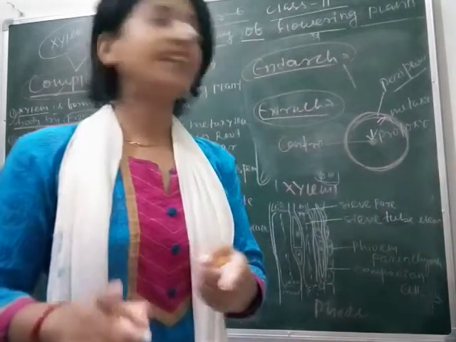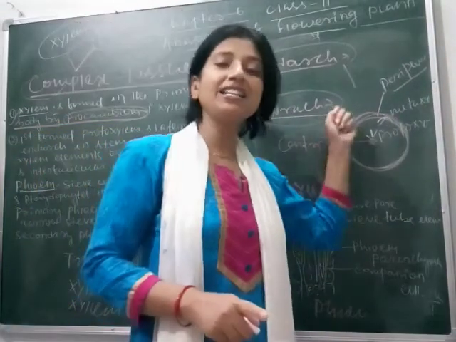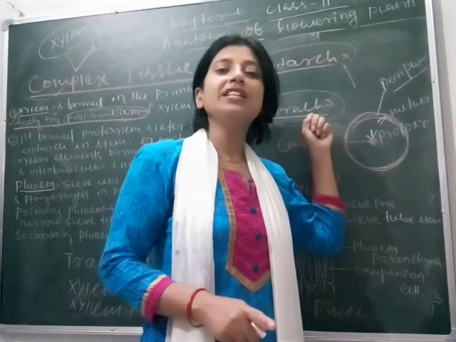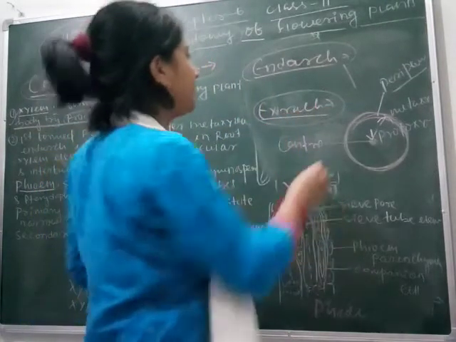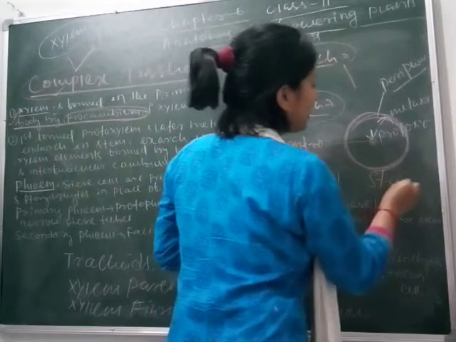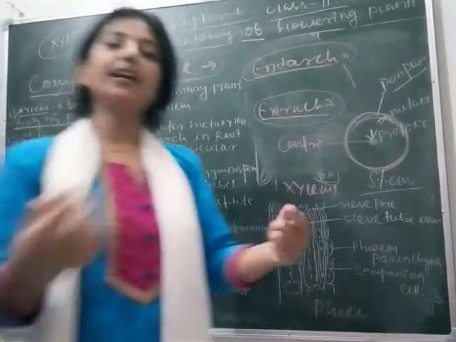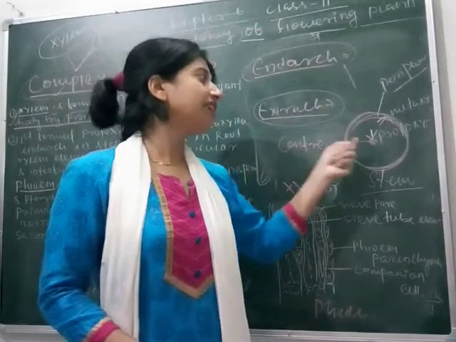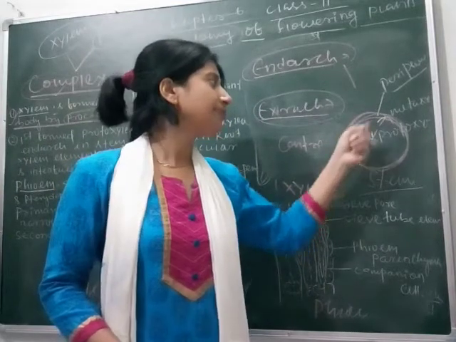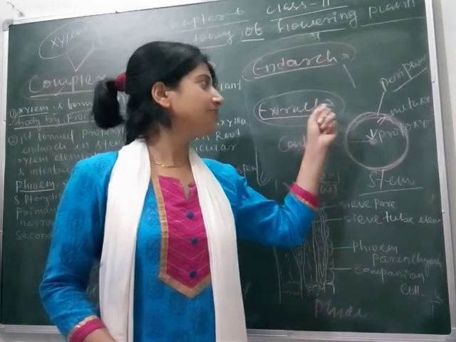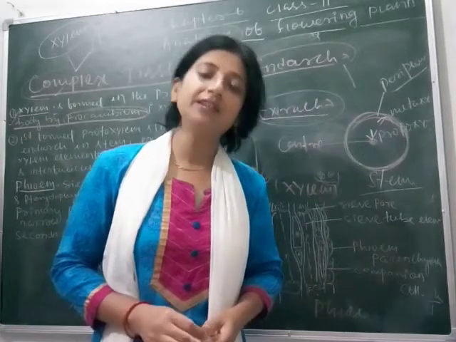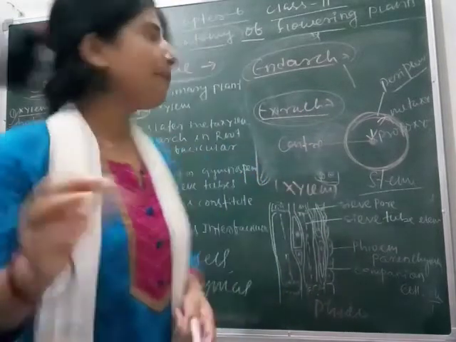This type of arrangement is called endarch, and we can see it in stems. In angiosperms, if we cut large stems or thick large roots, we can see this type of arrangement, which is endarch: protoxylem towards the center and metaxylem towards the periphery.